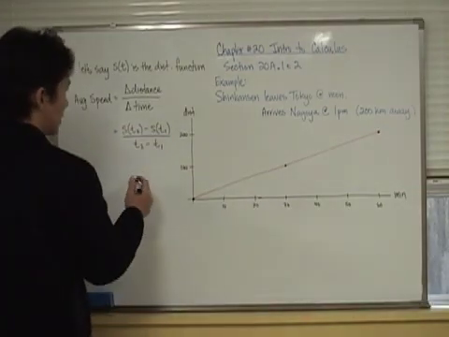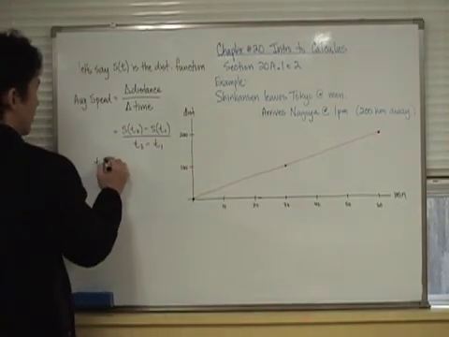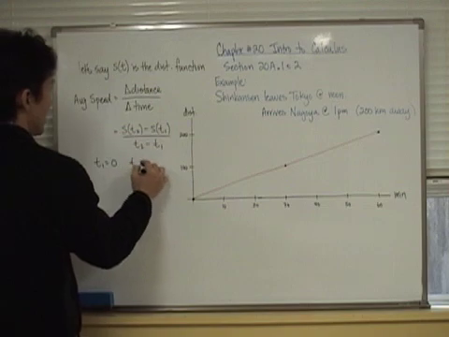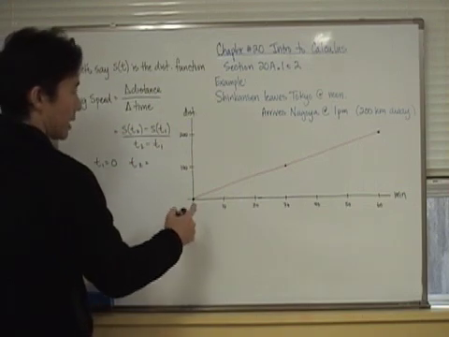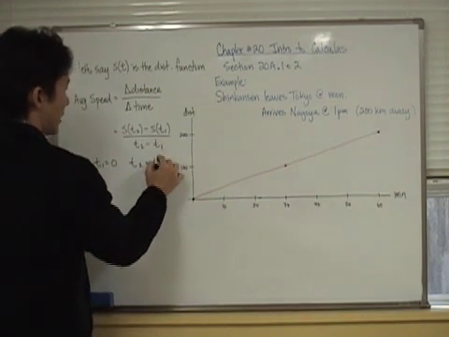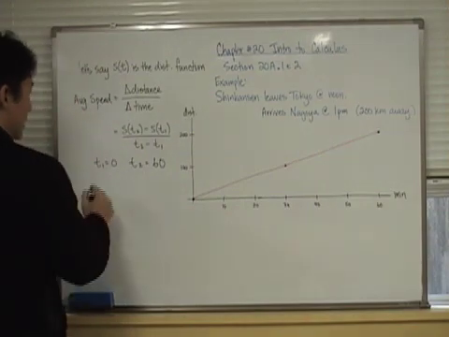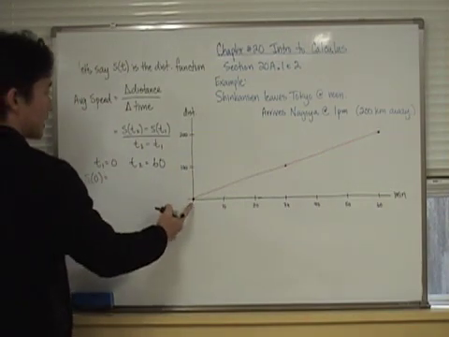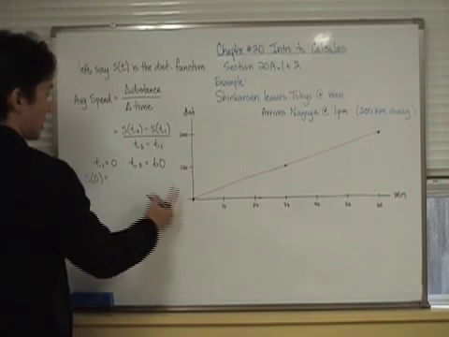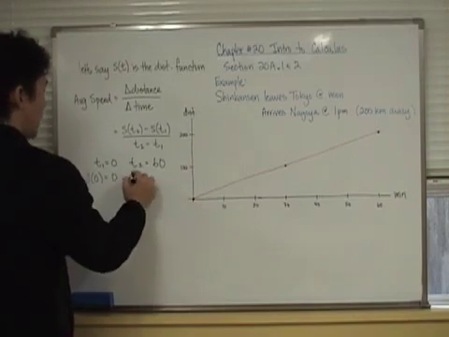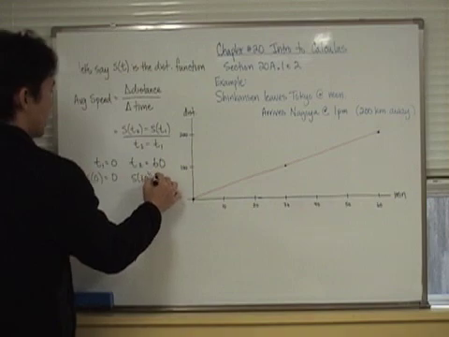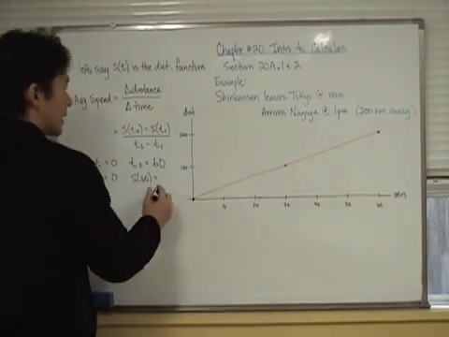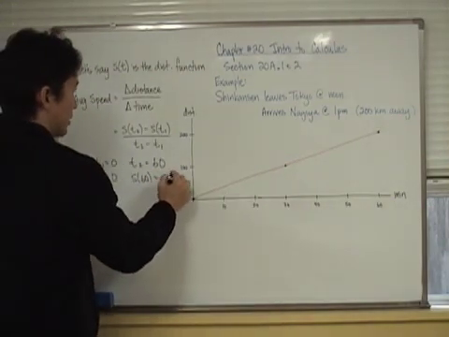Let's say that t sub 1 is 0, t sub 2 is going to be equal to 60, and again these are in minutes. Then s of 0, this of course is the distance when the time is equal to 0, that's 0. And s of 60, that distance is going to be 200 kilometers.